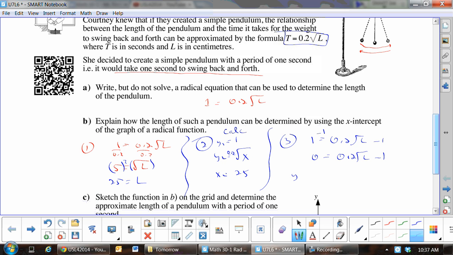Then y1 would equal 0.2 root x minus 1, and y2 I would make equal 0. And again, I would find the x-intercept, if I was to graph it, and I will find x equals 25. So that's 3 ways to do that question.